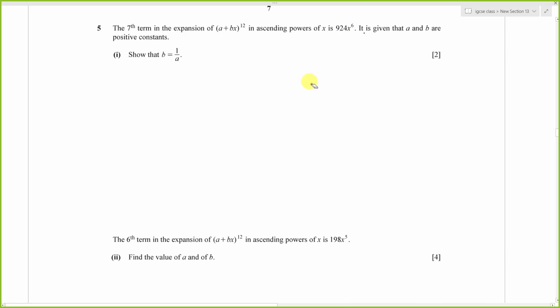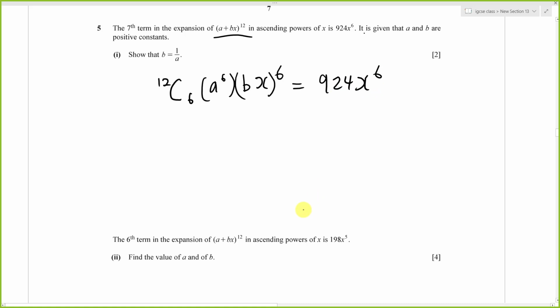Because x power of 6 means what? It means nC6, so this is 12. So I know that 12C6 for this one, a power of 6, bx power of 6 equals 924x power of 6. Normally I will take the coefficient and ignore the x power of 6.